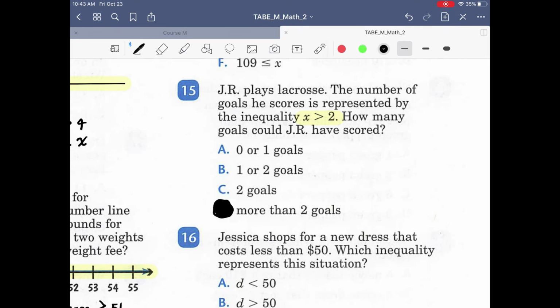If you want to graph that one, it would look like this. 2 is not included, so it would be anything above the 2. More than 2.